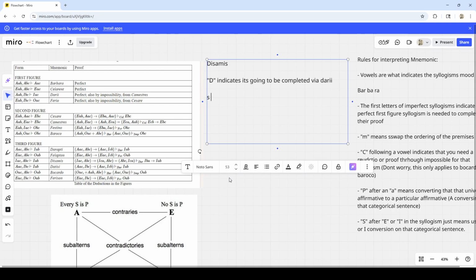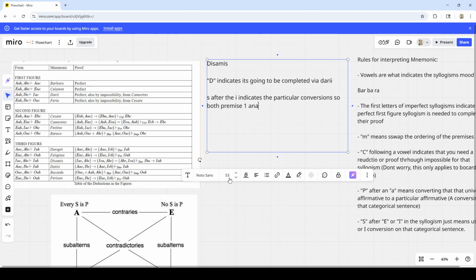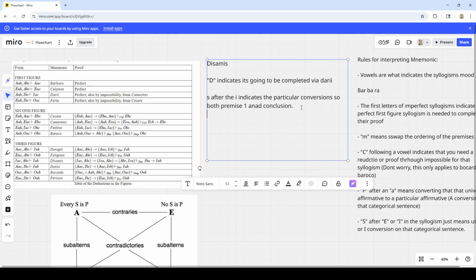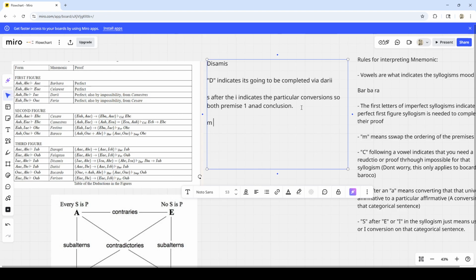And the S after the I indicates the particular conversions. So both premise 1 and the conclusion, because there's an S after the first I, and an S after the last I. And then M indicates swapping of the order of the premises.